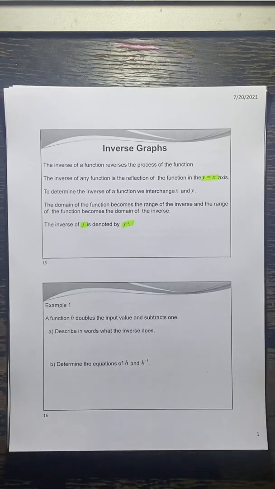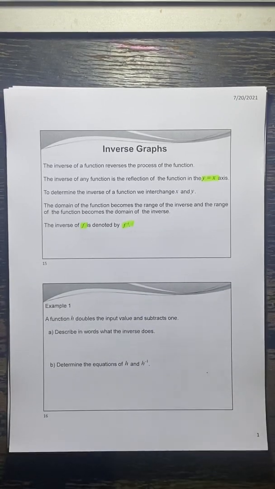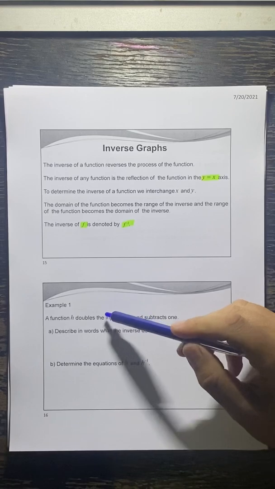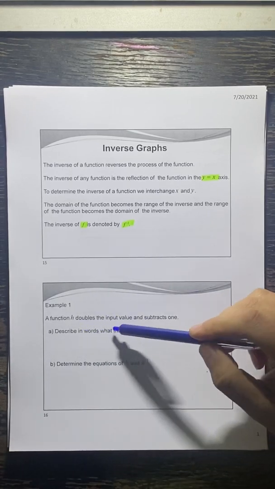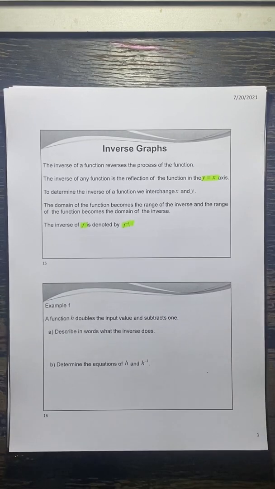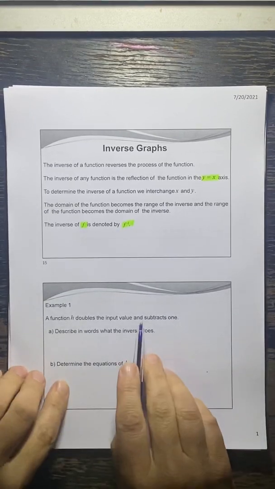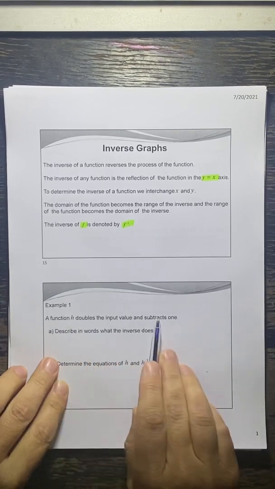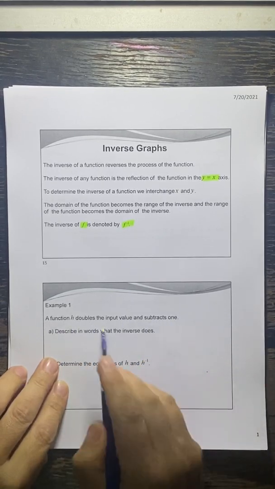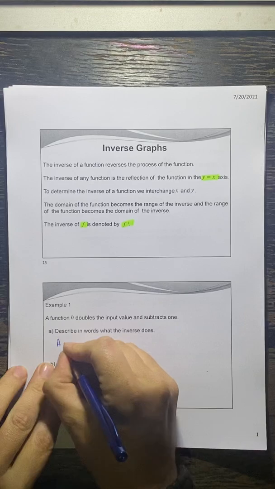It says here a function h doubles the input value and then subtracts 1. Describe in words what the inverse does. So I'm going to reverse it. I'm going to go backwards. If we subtract 1, then we need to add 1.